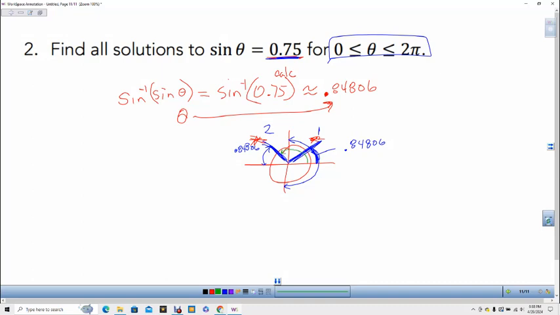So how do we find the angle that we're really looking for, which is this angle right here? Well, it's actually really easy. If we take the entire angle all the way over to pi, and we take this amount away, that's going to give us this angle, the green. So to find the other one, we want to do pi minus 0.84806.